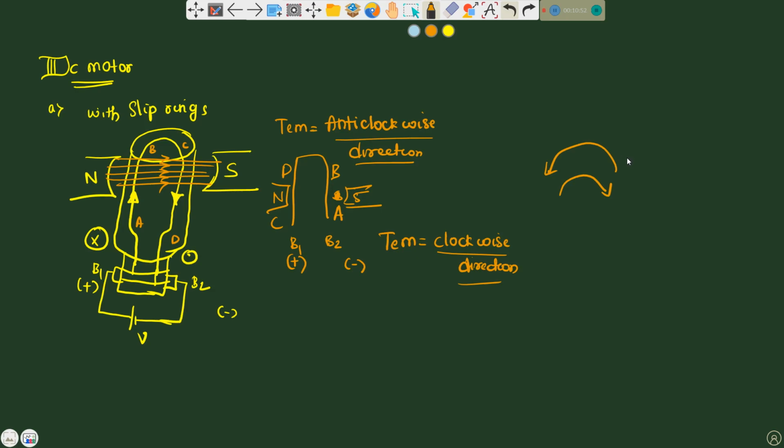So net torque or average torque Tm is 0, therefore with DC supply using slip rings, the motor does not rotate. Average torque is 0, motor will not rotate.